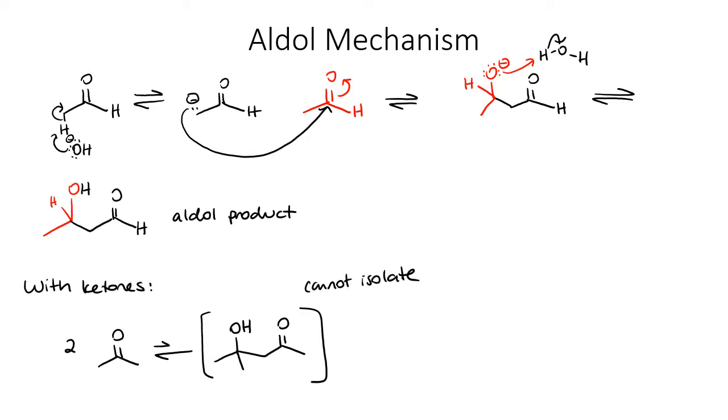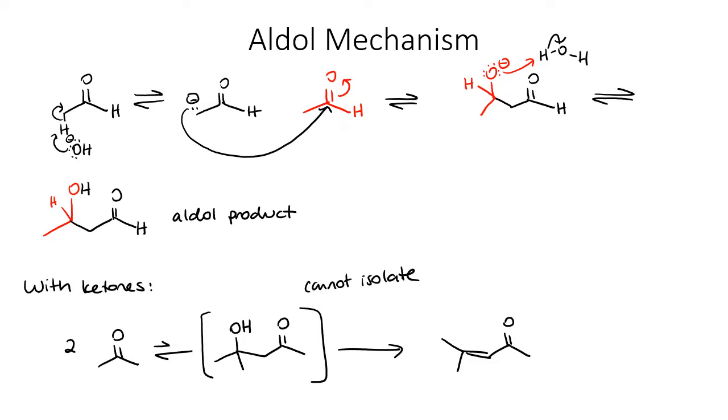However, if we were to take two ketones and react them with sodium hydroxide and heat at the same time, it will actually easily form the aldol condensation product, which would look something like this.